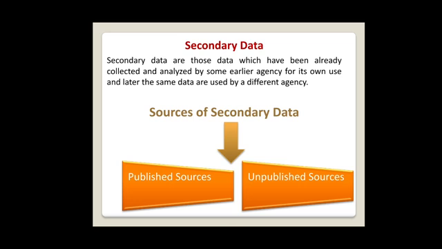Students, secondary data are those data which have already been collected and analyzed by some earlier agency for its own use, and later the same data are used by a different agency.